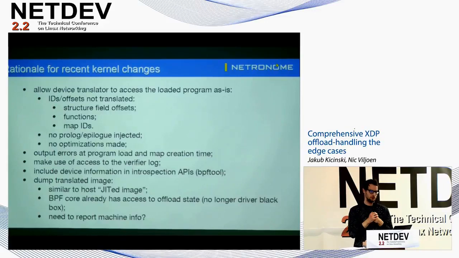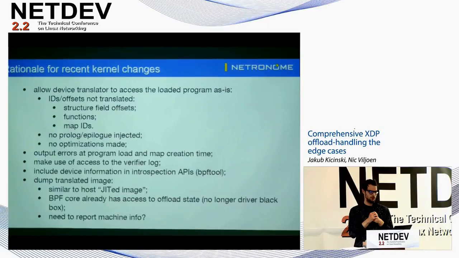The second problem is the functions. When the program is loaded from user space, the functions are referred to by IDs, and after the first verification, the verifier will patch them and change the instructions to contain basically pointers.